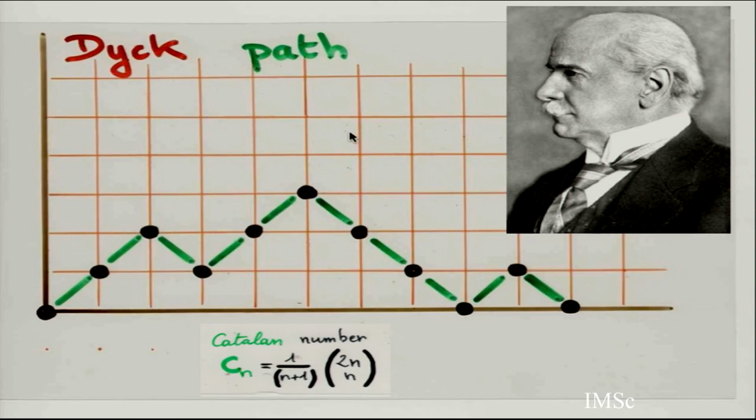I suppose you know, in the exercise, about Dyck paths, we'll meet many Dyck paths in this class, as last year. A Dyck path is a sequence of points in the quarter of the lattice, starting at the point 0, 0, and going up or down by elementary steps. You go to the next neighbor at the northeast, or you go to the next neighbor at the southeast. So this is a Dyck path, you see. And it is well known, so we suppose that you know this, that the number of Dyck paths is exactly given by the Catalan number.